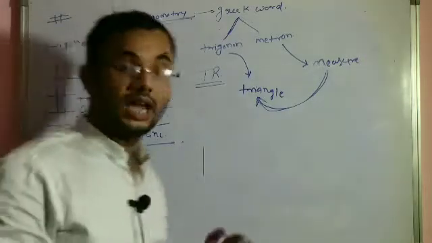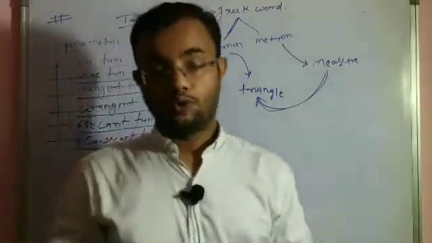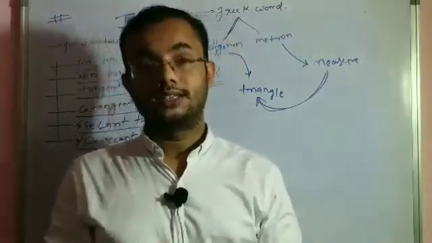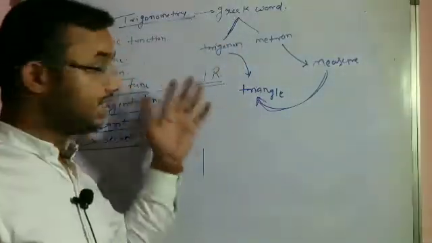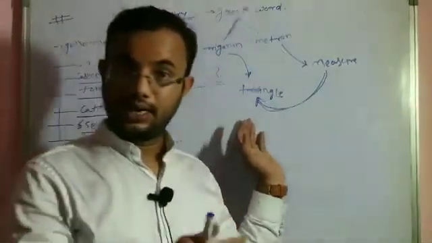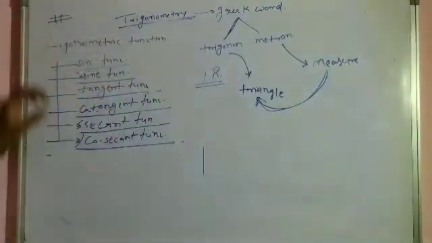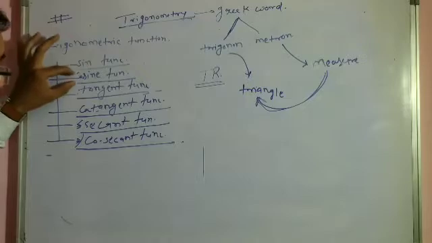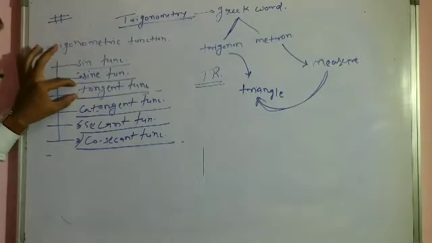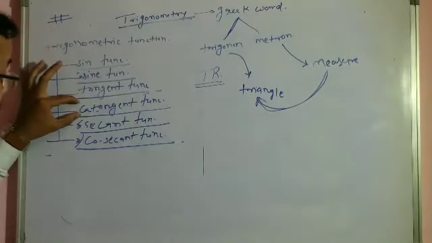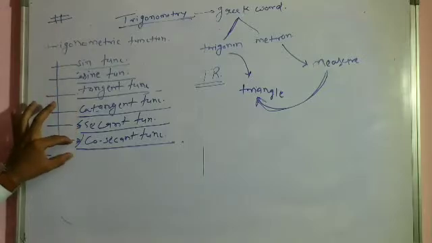These trigonometric functions are used to find out the relationship between the sides of the triangle and the angles of the triangle. So these trigonometric functions are the sine, cosine, tangent, cotangent, secant and cosecant functions.